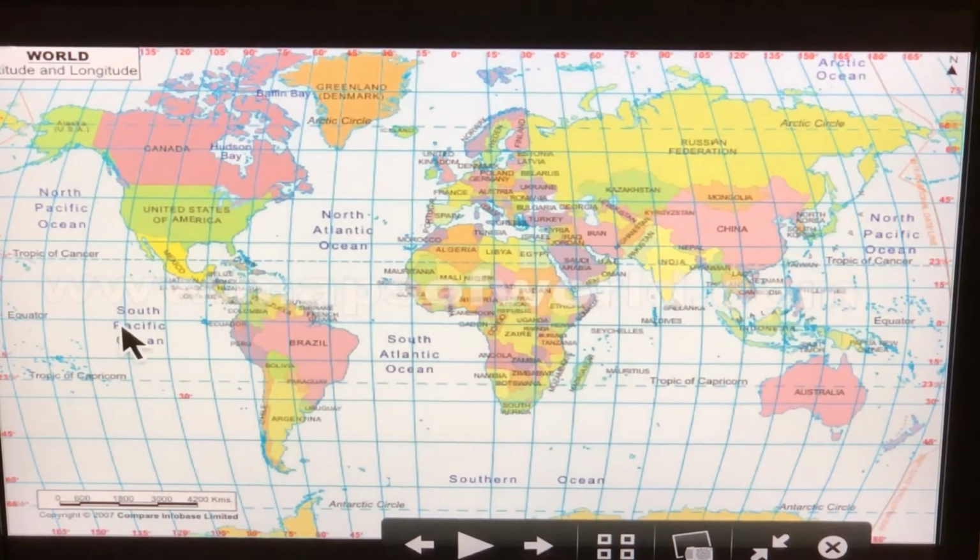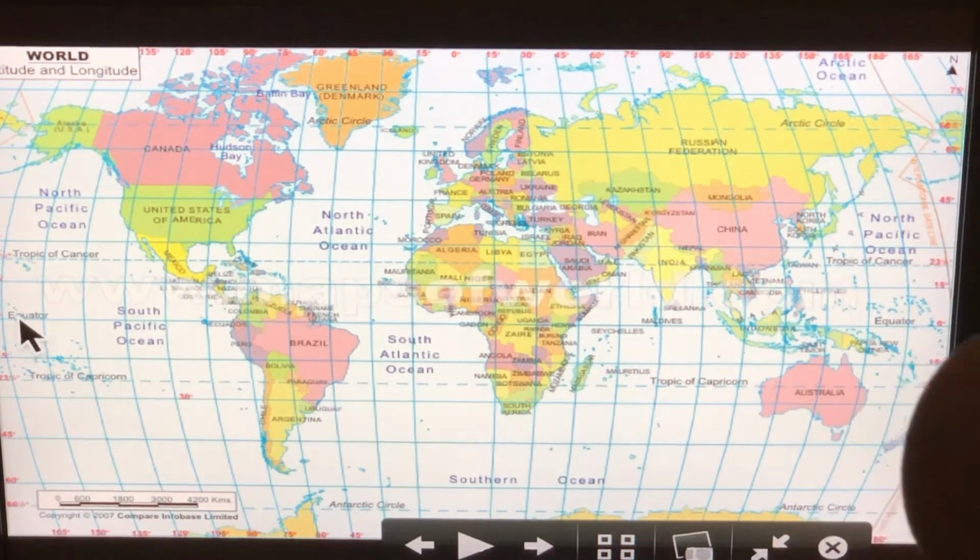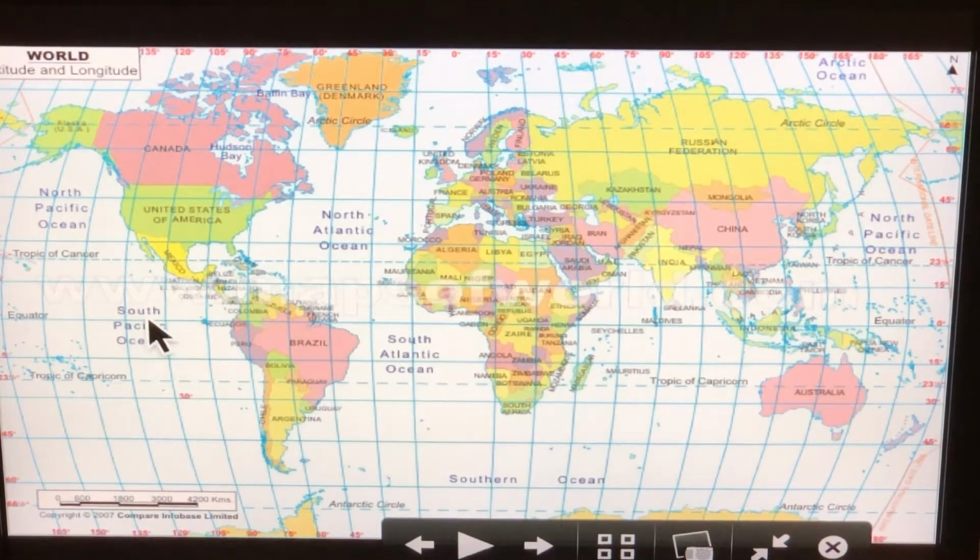There's a map. These are lines of what? All these places have the same what? They're the same amount north or south of the equator. North of the equator, south. These lines are all the same amount north. Tropic of Cancer, Arctic Circle, Antarctic.